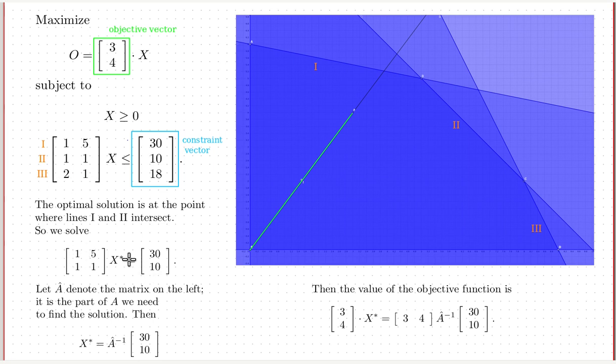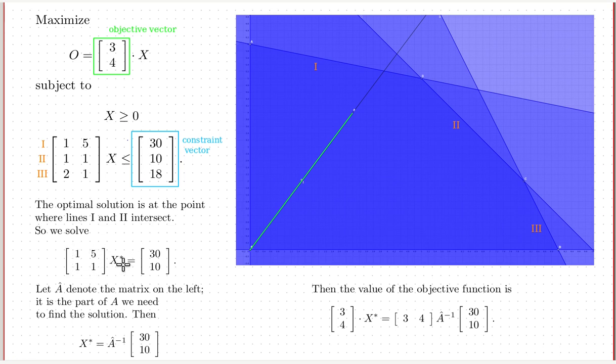I'm going to set row 1 and row 2 times x equal to just the first 2 entries over here, meaning that we know that this point is actually on the line where the 2 sides are equal. So we're replacing the inequality with an equal sign because we're working on the lines now. And now you know how to solve an equation like this using linear algebra or matrix inverses. This is now a 2 by 2 invertible matrix.